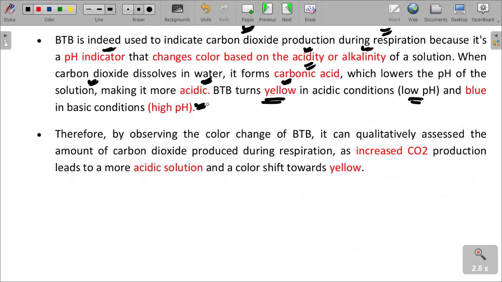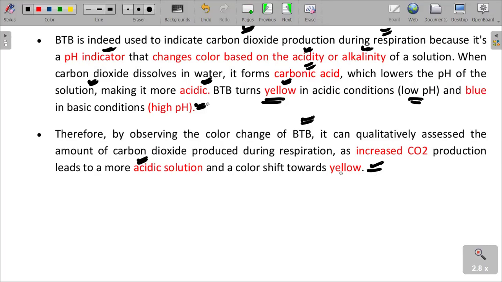So by observing the color change of this BTB, we can qualitatively assess that the amount of carbon dioxide produced during cellular respiration has increased. Carbon dioxide production leads to what? To acidic conditions, and a color shift to what?